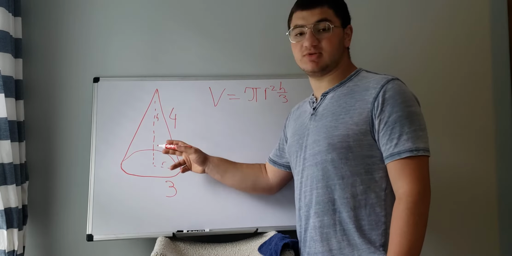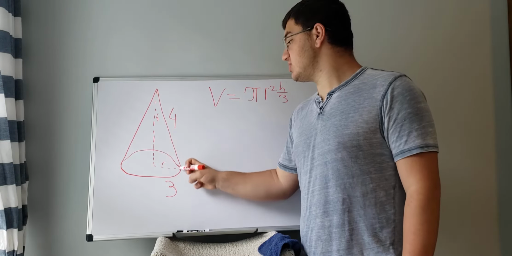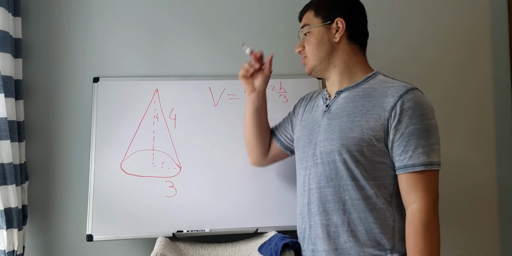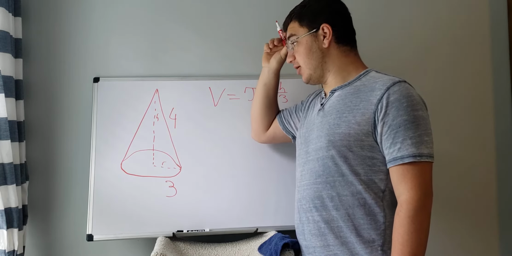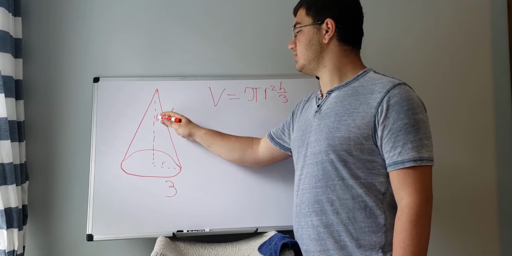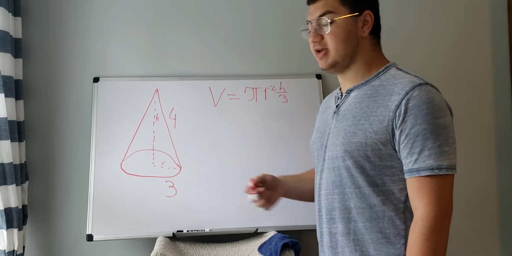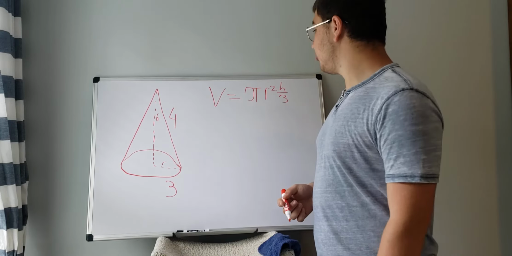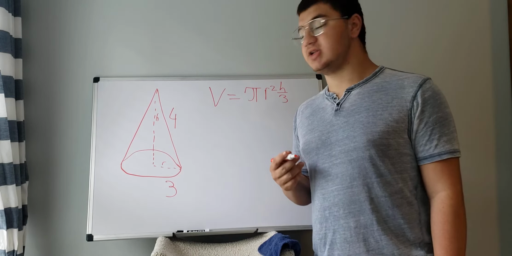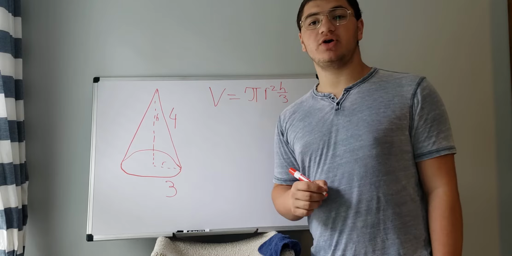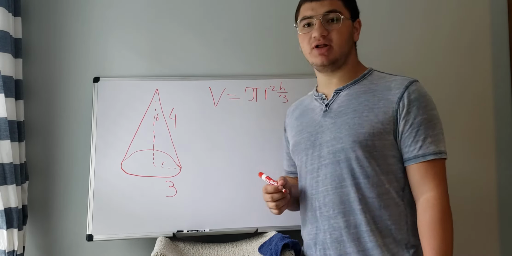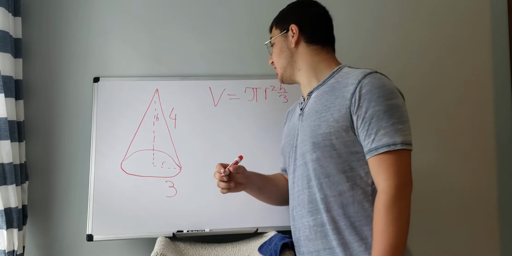It just has to be from the center to some point on the edge. Now we have 4 as our height and 3 as our radius. Just like I said in the previous videos, we plug those into our formula to get our answer. Let's do that now.